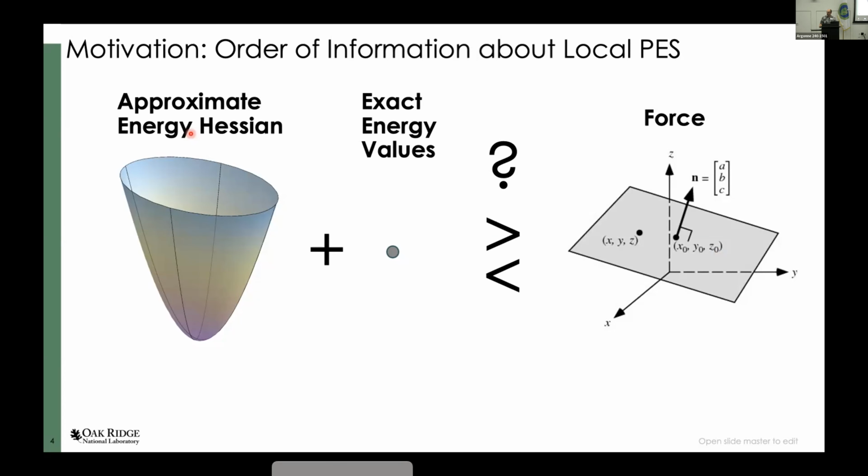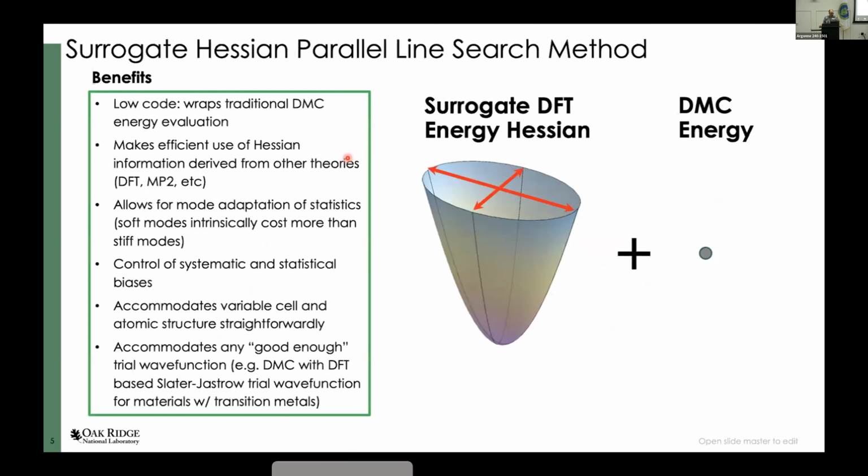And so it still contains a lot of useful information. Meanwhile, you sample energy values using diffusion Monte Carlo. So that's approximation free. You will arrive at the DMC minimum, not VMC or some approximation to DMC, and still get there in a way that's efficient.